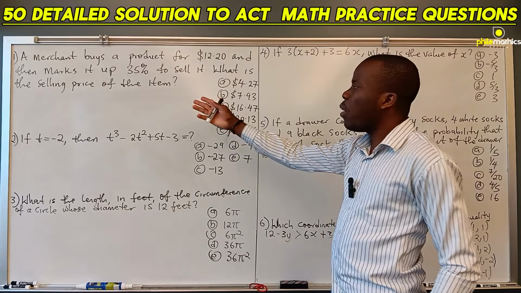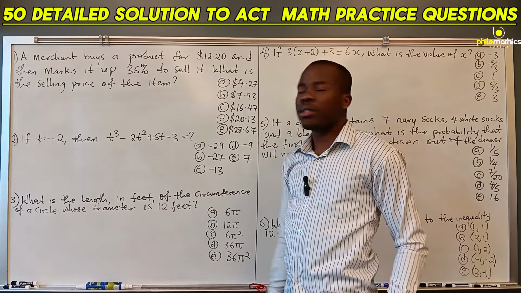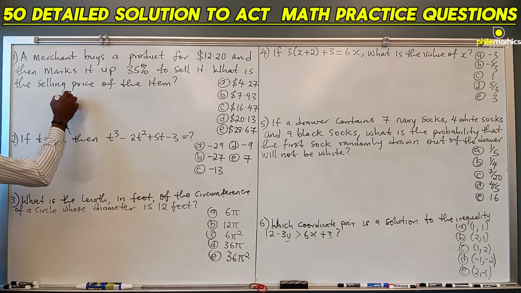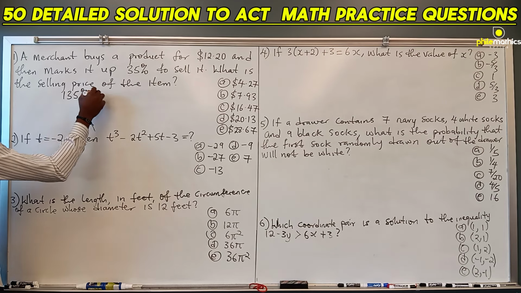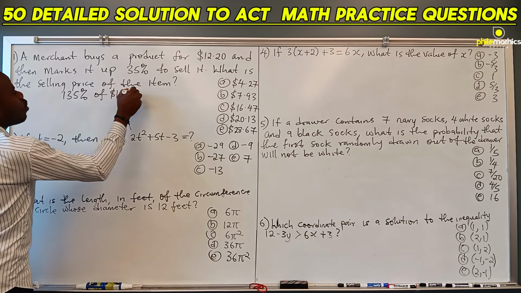The simple thing we are going to do here is to find 135% of this cost price. That will be his selling price. So 135% of $12.20 will be the selling price, which is 135 over 100 times 12.20 over 1.